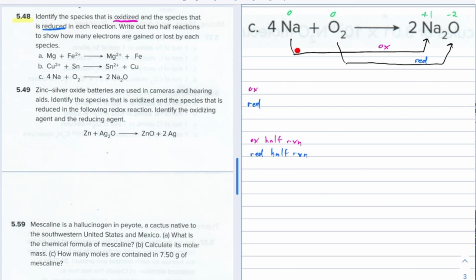Well, the oxidation is occurring here, so this is being oxidized into that. So I'm going to say the Na is being oxidized. And who's being reduced? This time it's the O2 is being reduced into the O -2. So who's being reduced? I'll say it's the O2.